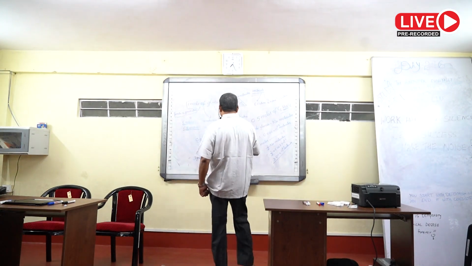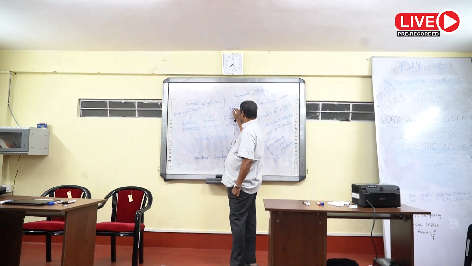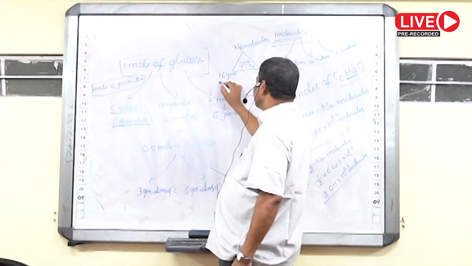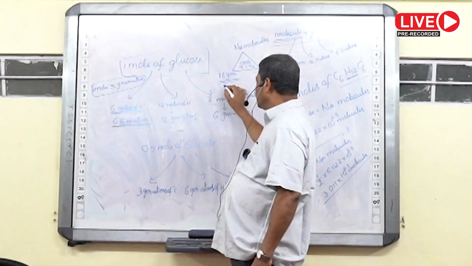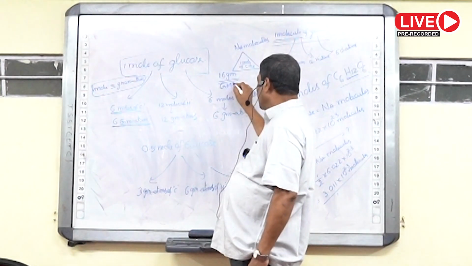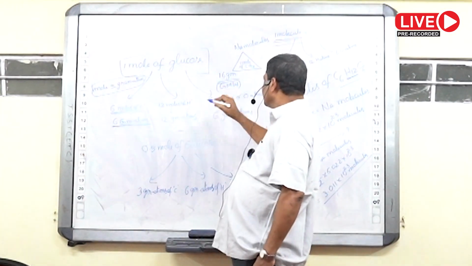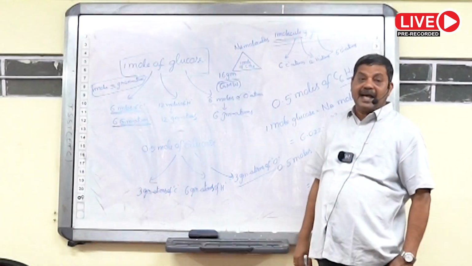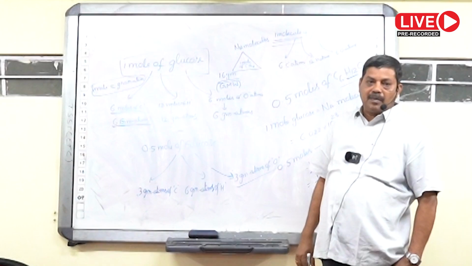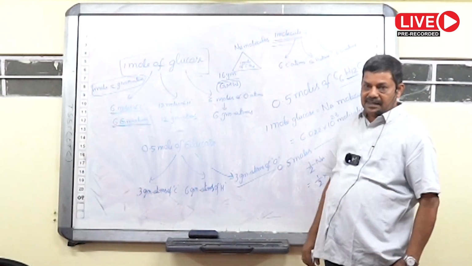1 mole is also equal to its gram molecular weight. You know, methane is a gas. It is called a marsh gas.